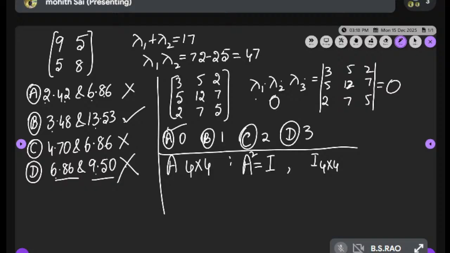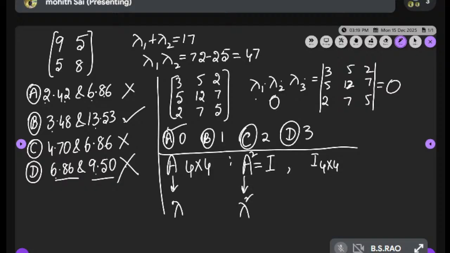Each and every one which we have discussed now was given in a previous GATE examination. Here A square equals I. If lambda is an eigenvalue of A, then for A square, what is the eigenvalue?